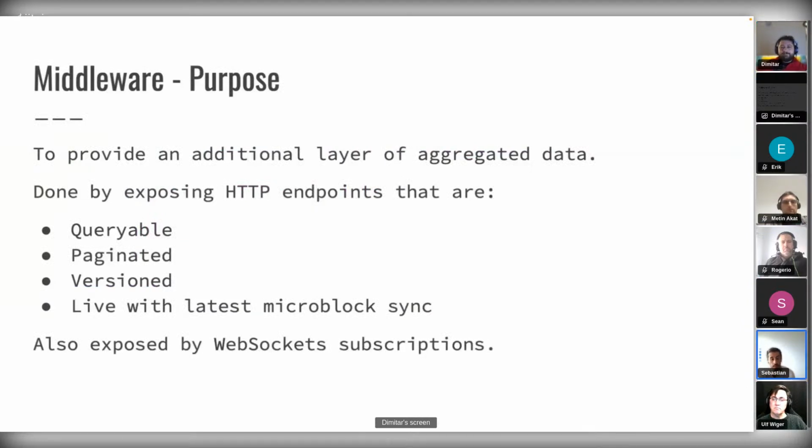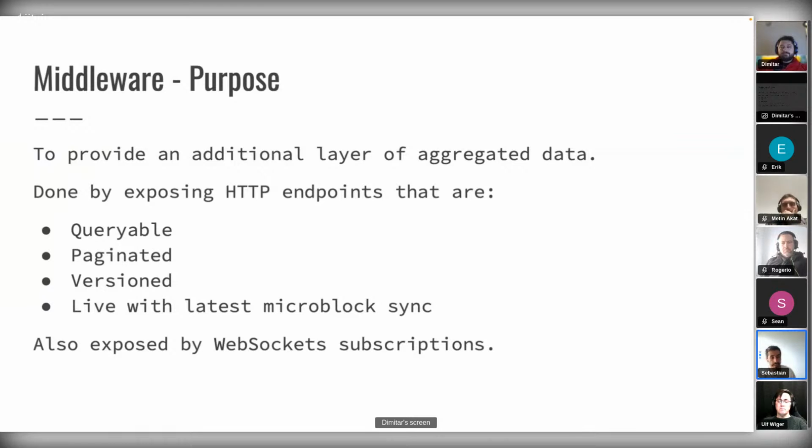So my main goal is to introduce the middleware project and then briefly mention the future of it and what we're going to do with it. Currently the middleware is an application that runs together with the Node application, and it provides a series of endpoints.